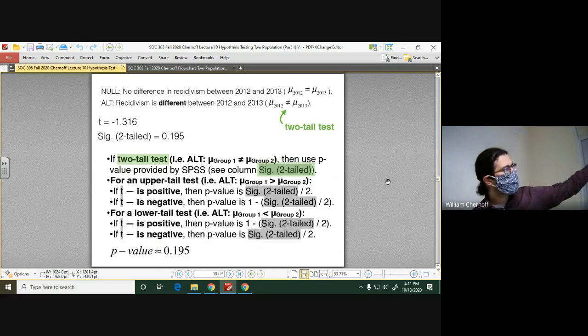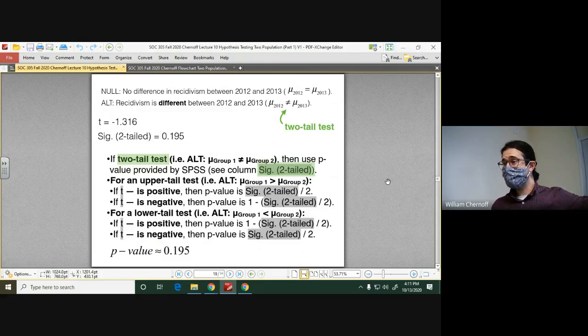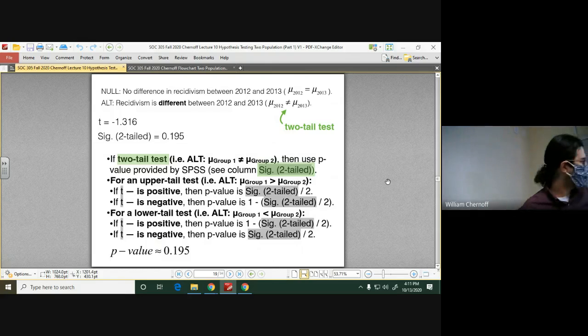If we look at our alternative hypothesis, we're talking about a difference between 2012 and 2013. We're not specifying how they differ, we're just saying some difference is happening. So our alternative hypothesis tells us that we're doing a two-tailed test. We go to the flowchart, we have three major sections: two-tailed, upper tail, and lower tail.